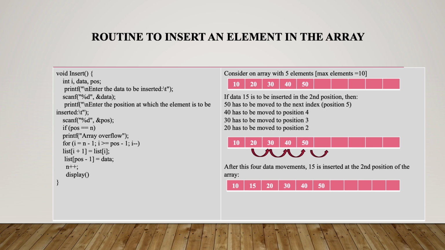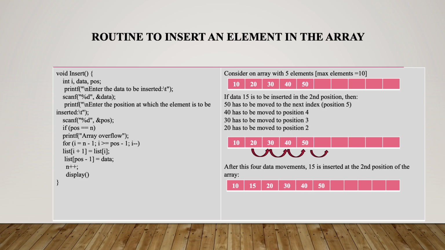After making enough space, the program places the new data at position pos minus 1, because arrays start counting from index 0. Then it increases the count of elements n by 1 and finally calls the display function to display all the elements.